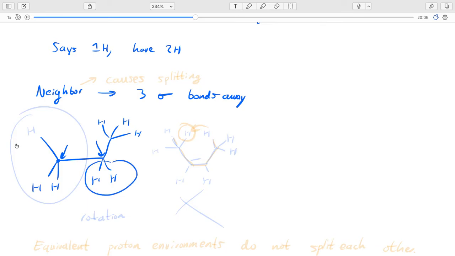If we're considering these two, yes. Let's just make this a hydrogen. No, they count as 3 neighbors.